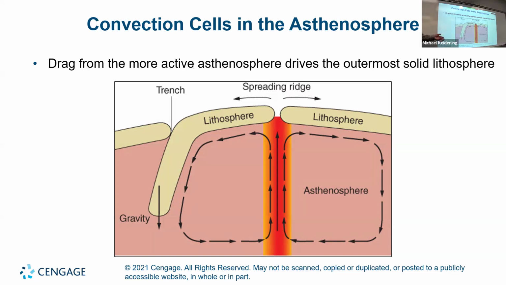So the whole thing gets pushed along by these convection currents, but it's also assisted by gravity, the plates sort of sliding down. So drag from the more active lithosphere drives that outermost solid lithosphere. And it's slow, but steady and somewhat complicated.